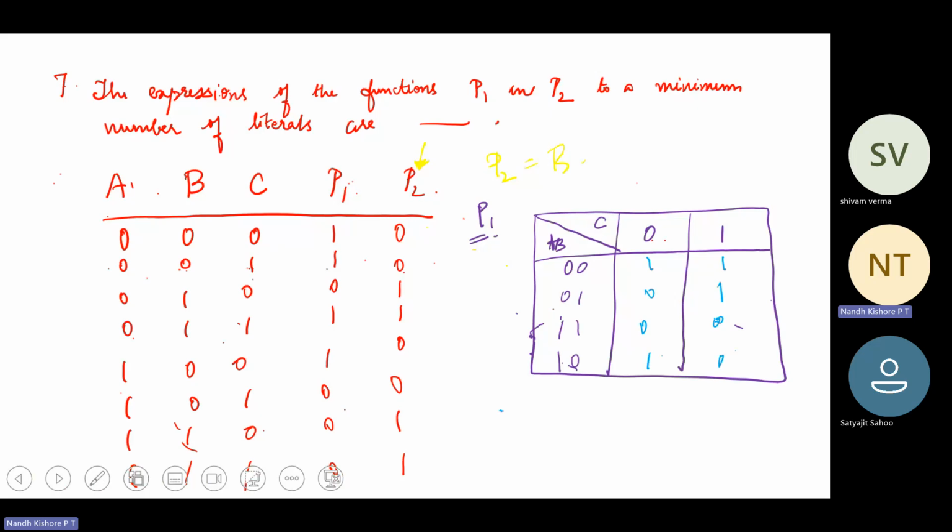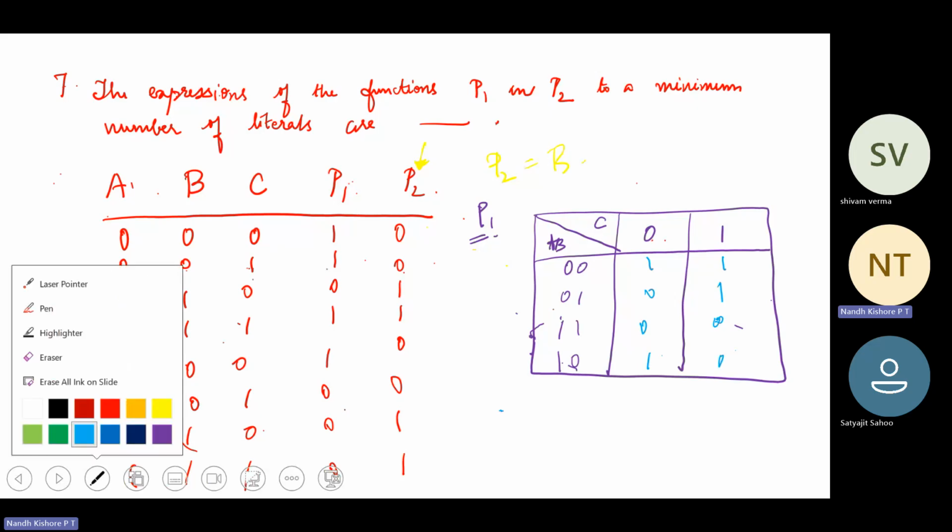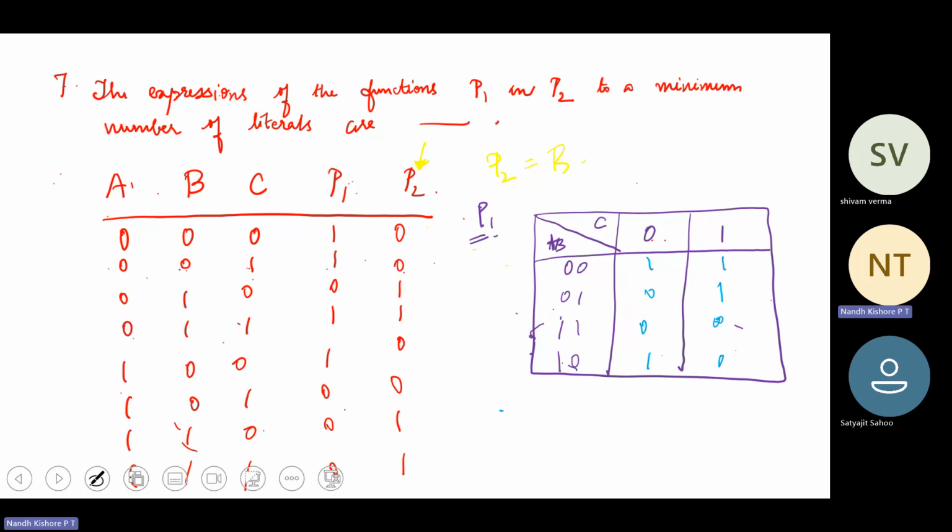So what should be the combination for minimum number of literals? For minimum number of literals, we can club these two together, and we can club this and this.